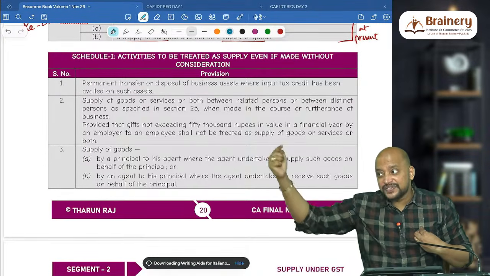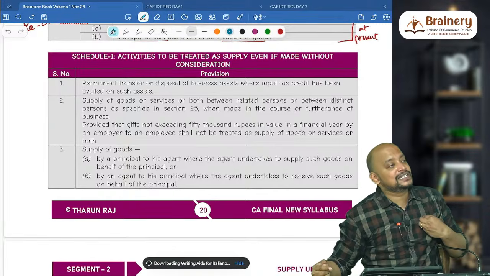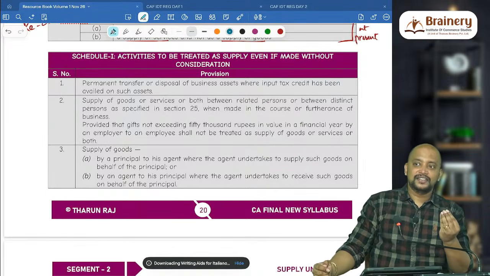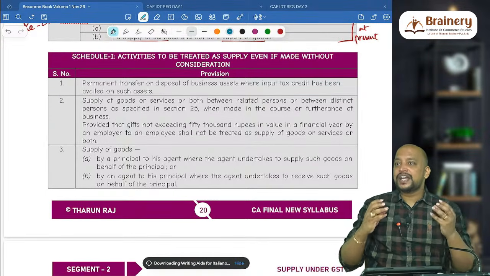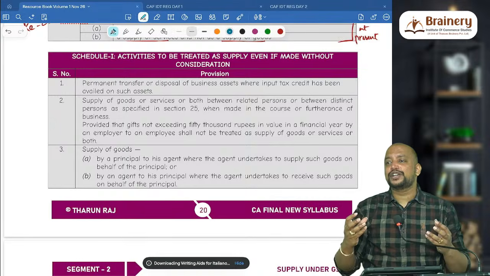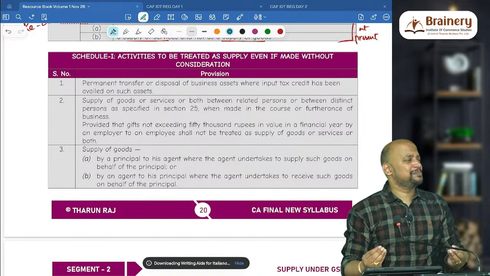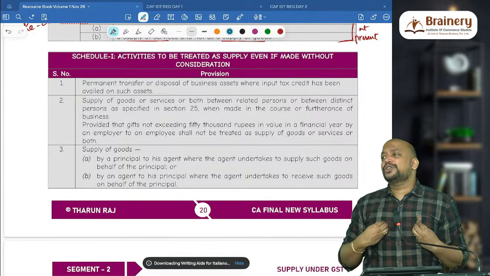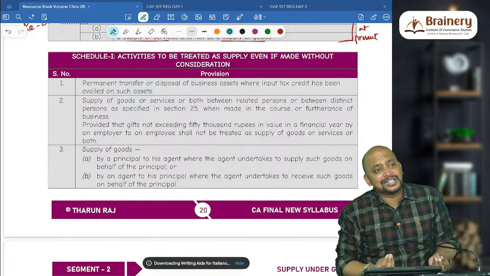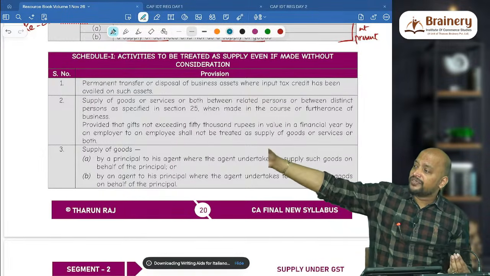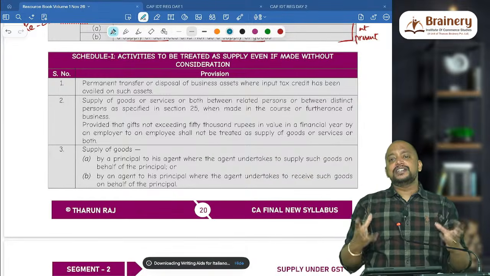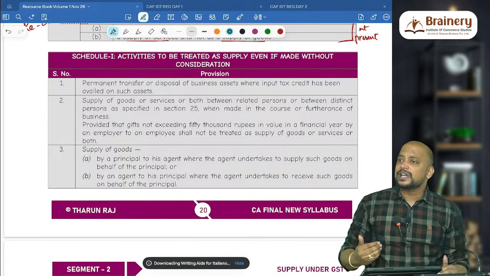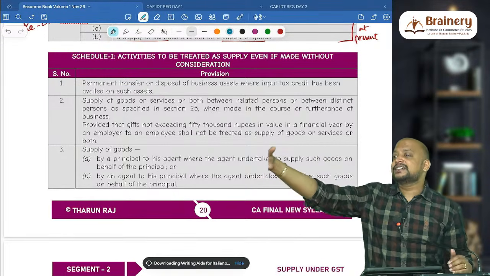When the asset is with some other person, how can I enjoy ITC? Are you understanding? Clear? Sir, why disposal of business asset? They wanted to tax it. Why have they brought it under supply? Simple logic, sir. When the asset is not with me, I should not enjoy the ITC related to such asset. The asset I am gifting to someone, so therefore ITC I should not enjoy. So they are telling you to treat it as supply.